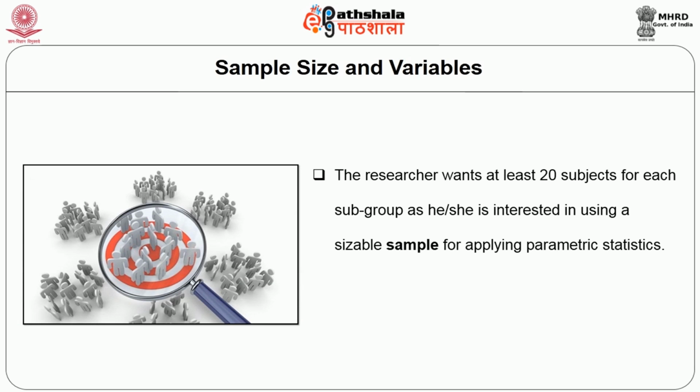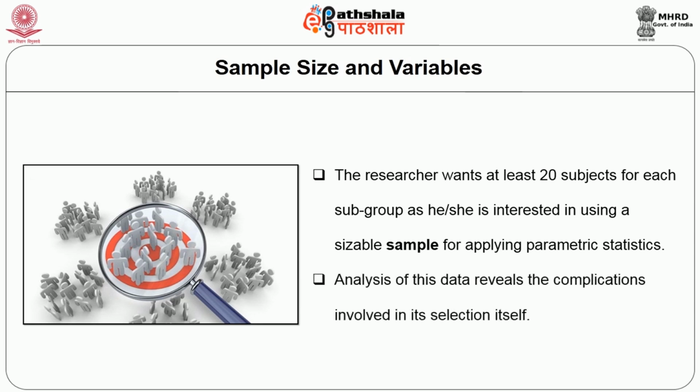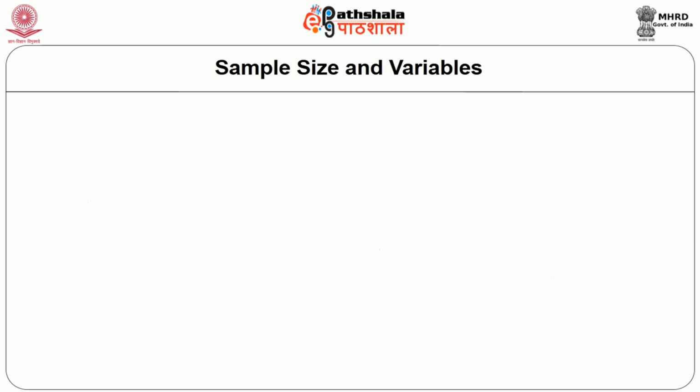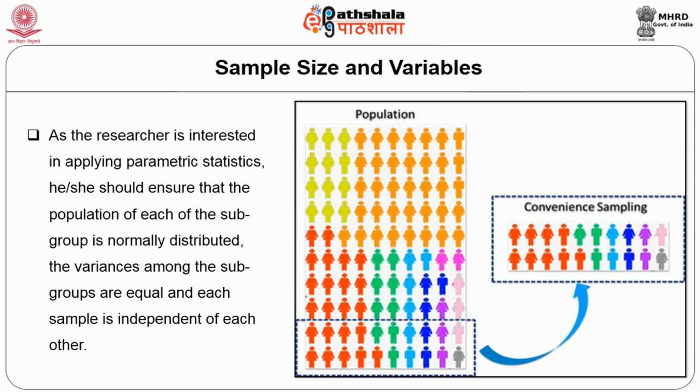Let us also assume that the researcher wants at least 20 subjects for each subgroup, as he or she is interested in using sizable sample for applying parametric statistics. Analysis of this data reveals the complications involved in its selection itself, which are: as the researcher is interested in applying parametric statistics, he or she should ensure that the population of each of the subgroup is normally distributed.